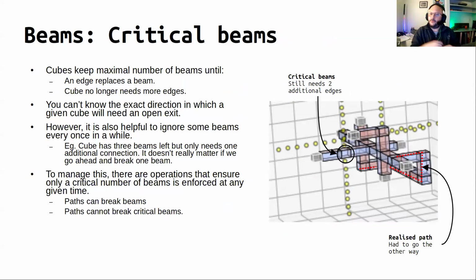Now, it doesn't signal which. It just says, actually, we can break one of them or we can break none of them. So in this operation, you can see that this block, the one that is like a circle there, needs 2 operations. And because of that, the path went through the other side of the structure. If it only needed 1 operation, it might have gone to this side because that block still has 2 beams coming out of it.